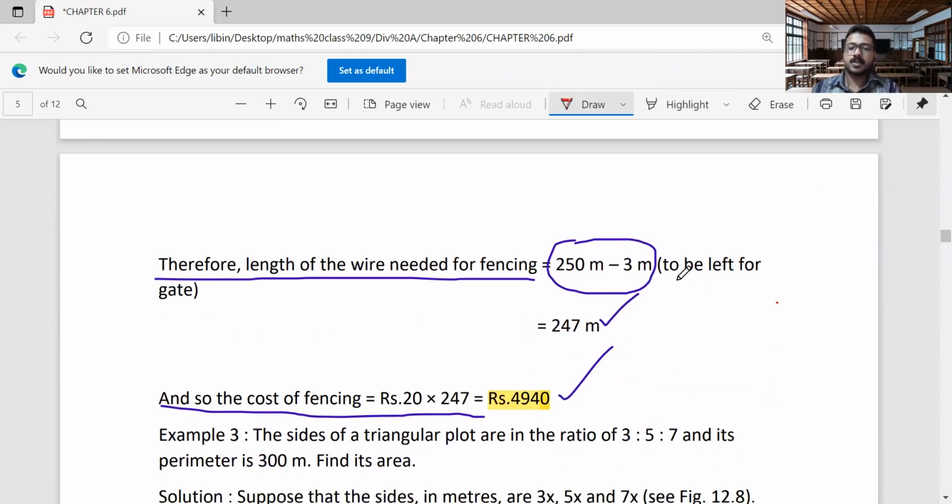Okay, so again we are moving to our next example 3. The sides of a triangular plot are in the ratio 3:5:7 and its perimeter is 300 meter. Find its area. Okay, so suppose I will draw a figure. In such cases, it will be better if you draw a figure.